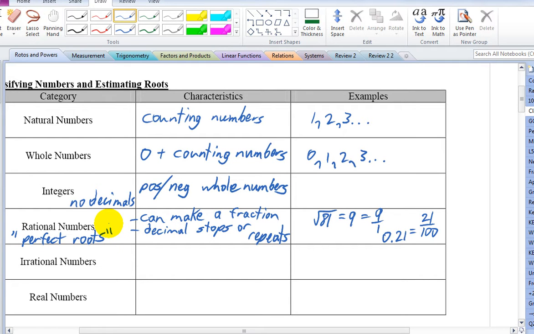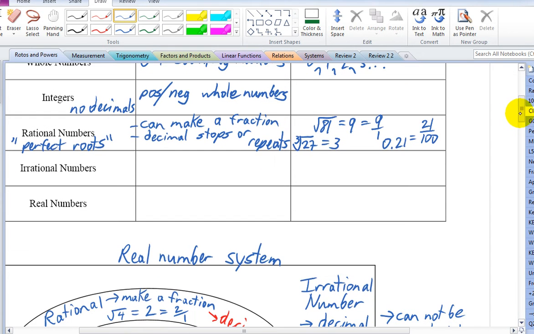Okay. Another example would be cube root 27. If you do that on a calculator, that works out to be 3, a whole number. Okay. Then we have irrational numbers. The biggest definition is they are not perfect roots.